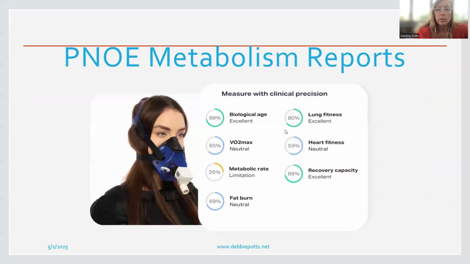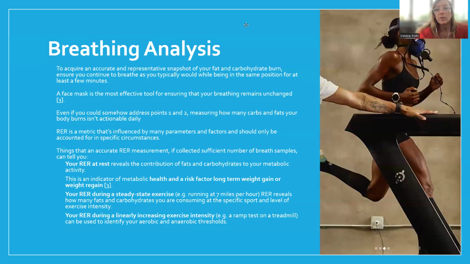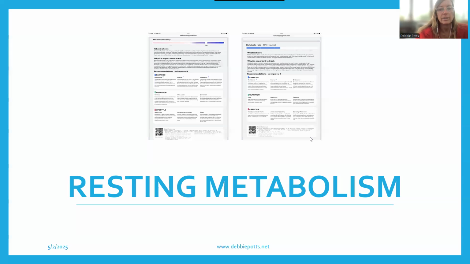So when we get the report, we're getting all these different markers. You can see all the different things we're testing, not just peak fat max, but we're also doing breath analysis. So we're getting the face mask on and looking at your oxygen to carbon dioxide ratio, and then the rate of breathing and a lot of other markers.